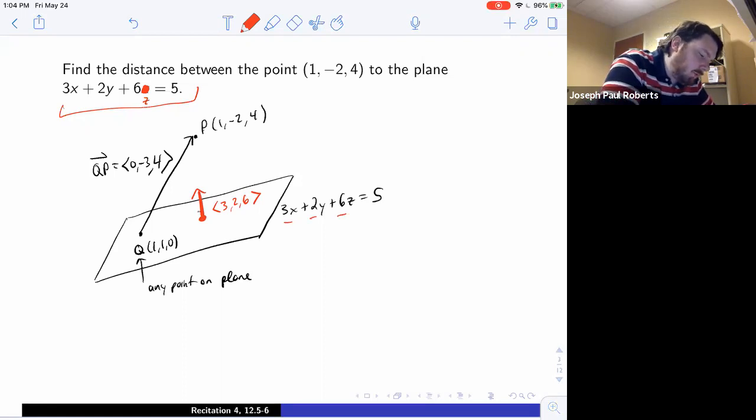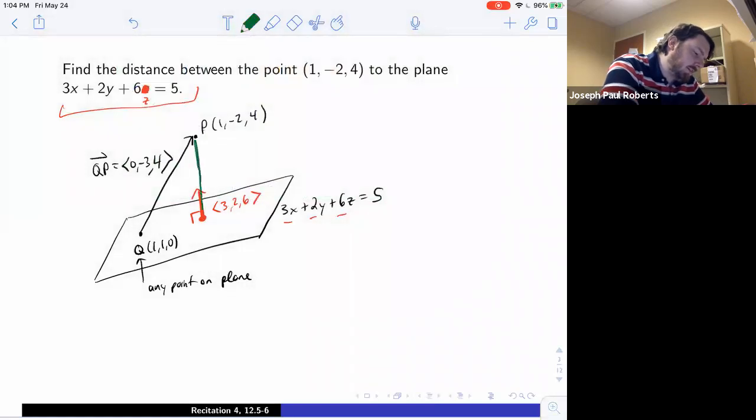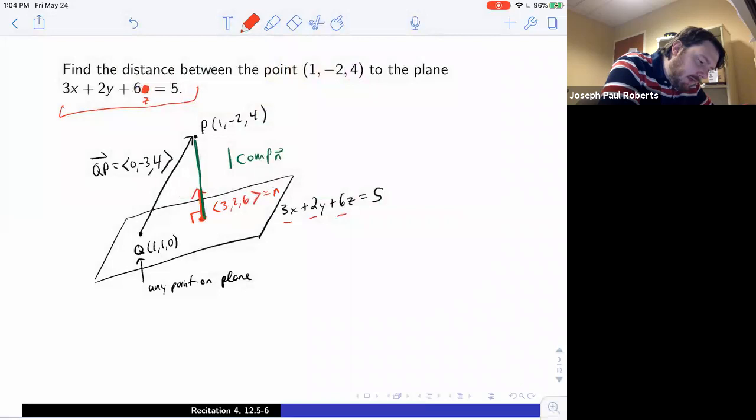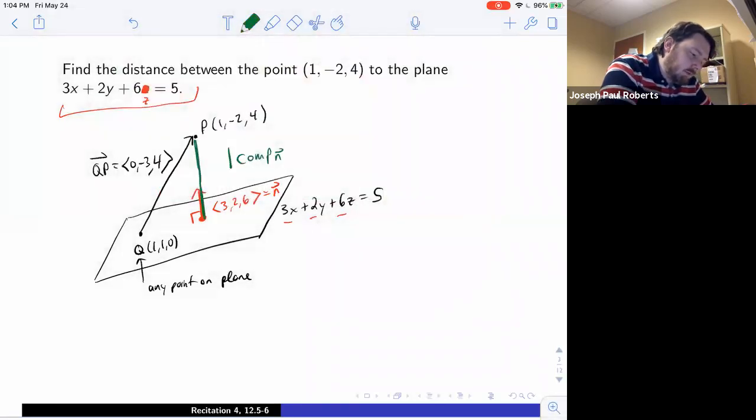And so remember, the whole point of the normal vector of the plane is that it's perpendicular to the plane. And so then this green distance here is the absolute value of the scalar projection onto, I guess I'll call this n, right, the normal vector of the plane, scalar projection onto n of QP.